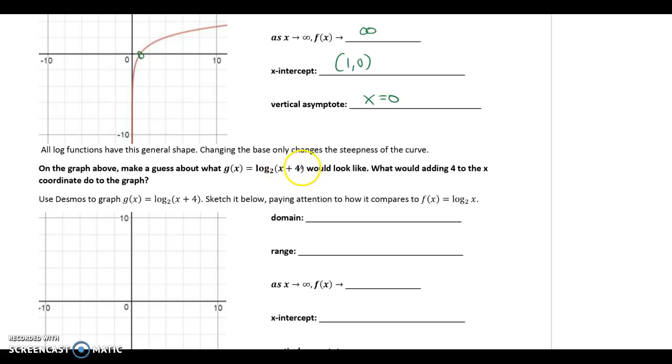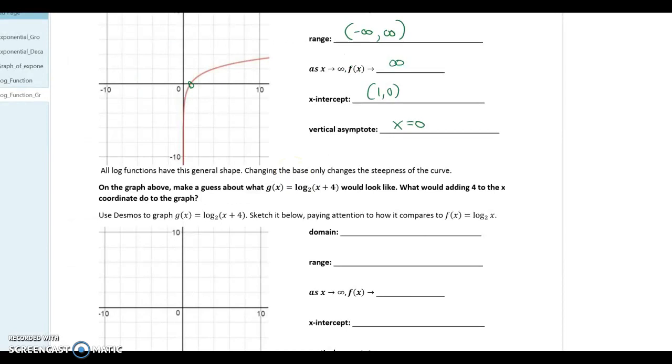So we should be able to make a guess that this does go to the left 4. So let's give this a try and take a look at Desmos, and let's graph that to see if our guess is right. That would end up taking this function here and moving it to the left 4, and being drawn over here now.